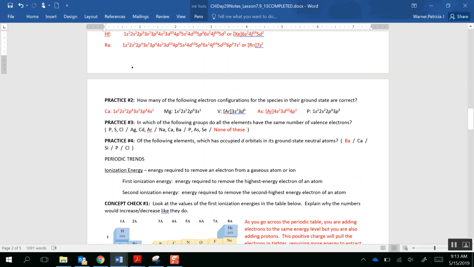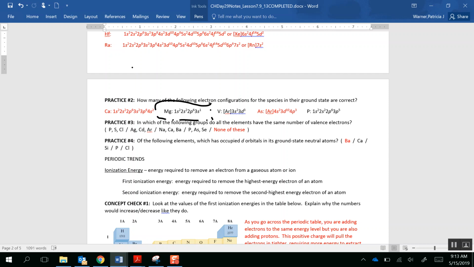Practice problem number 2 says how many of the following electron configurations for the species in their ground state are correct. Ground state electron configurations are what we were just doing. That just means the electrons are going to be where you expect them to be based on following the periodic table and putting them in. You'll notice on this one, 1s2, 2s2, 2p6, 3s1.